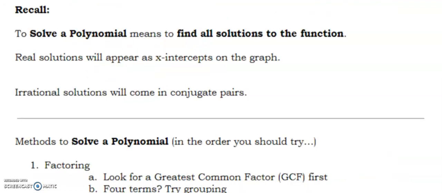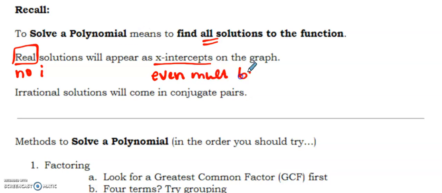Just to recall from our video about solving polynomials yesterday, to solve a polynomial means to find all solutions to the function. Real solutions, so no i's, will appear as x-intercepts. And remember, if you have an even multiplicity, then we're going to bounce.